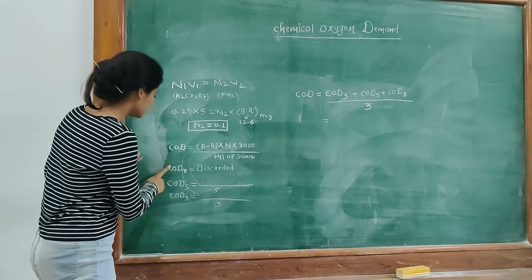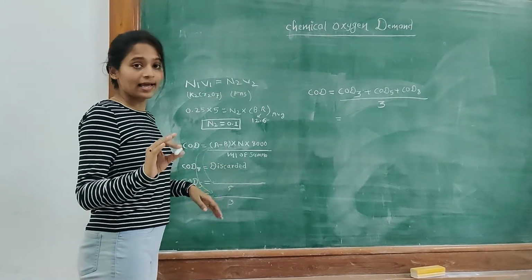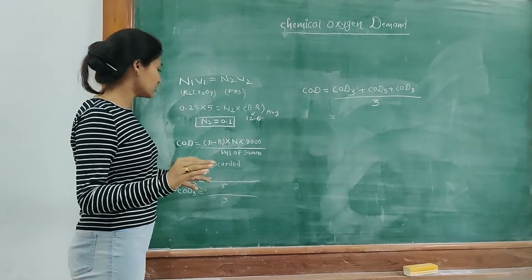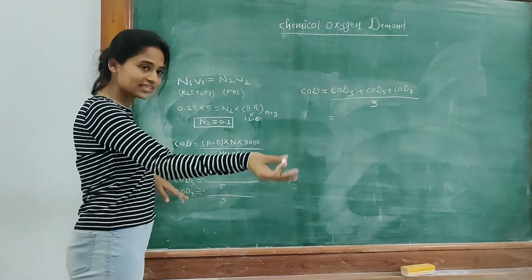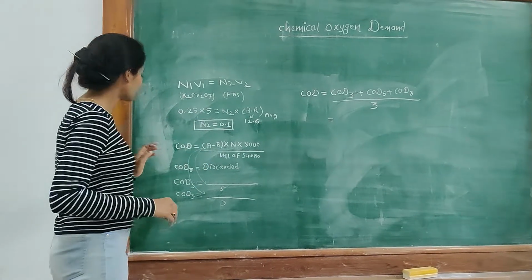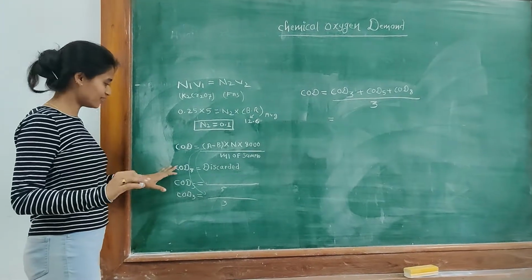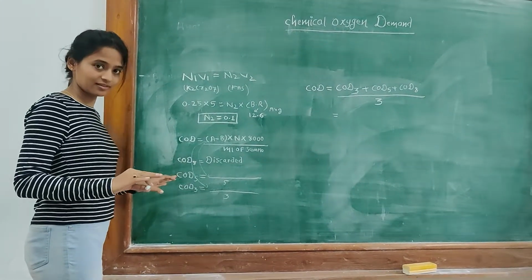Now, the 8 ml you have discussed. I am just taking this as an example. It is not necessary that 8 will always be discarded or will turn green. Just for example, consider that it turned green and you discarded it.